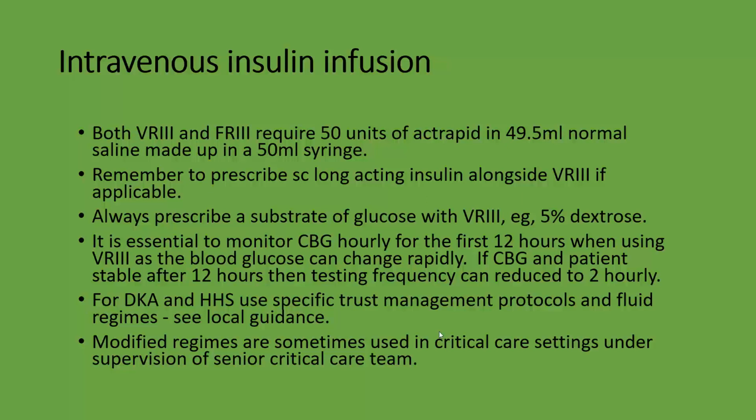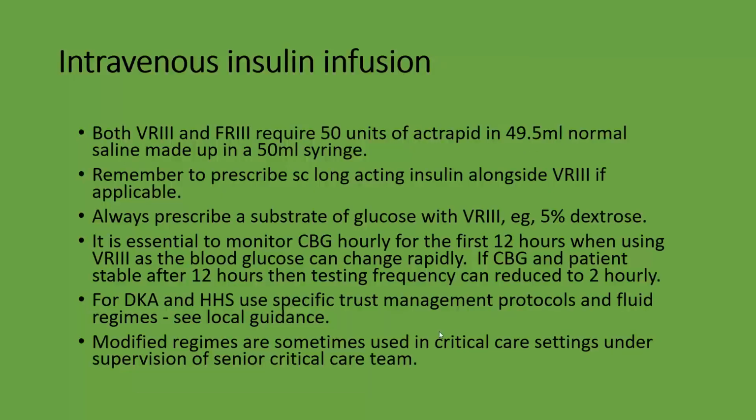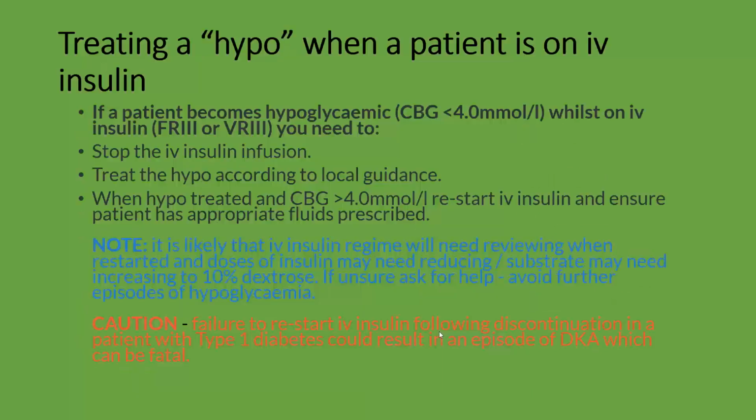So when you're putting patients on the DKA protocol or VRI, that means variable dose, always prescribe their subcutaneous long-acting insulin. So if the patient is on glargine or Tresiba or Toujeo or whatever, you prescribe that.